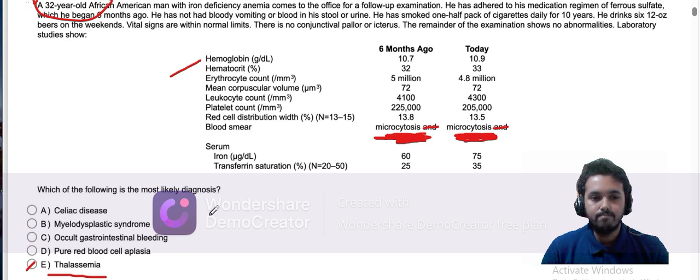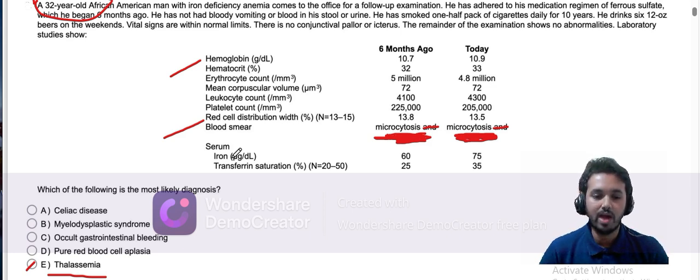First of all, what is the trick? You should look at the red cell distribution width in the exam. Just look at the red cell distribution width. In thalassemia, it should be normal. Why? Because in thalassemia the patient is constantly producing abnormal RBC, so the red cell size is constantly low, or sometimes normal. So the red cell distribution width is normal.